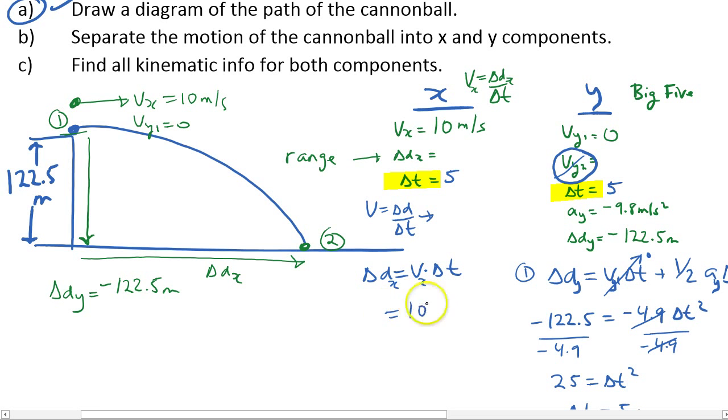So it's going to be 10 times 5, so it will go 50 meters. So guess what? It's going to move 50 meters that way. So my answer here is 50 meters.